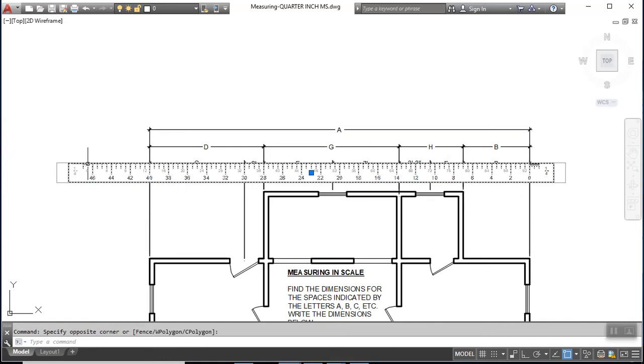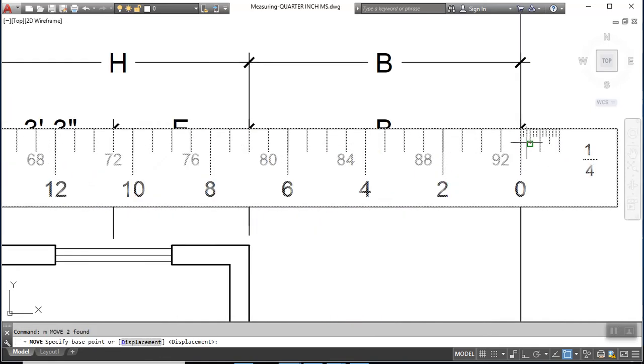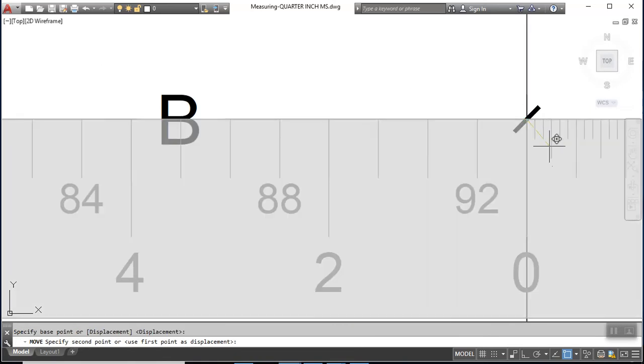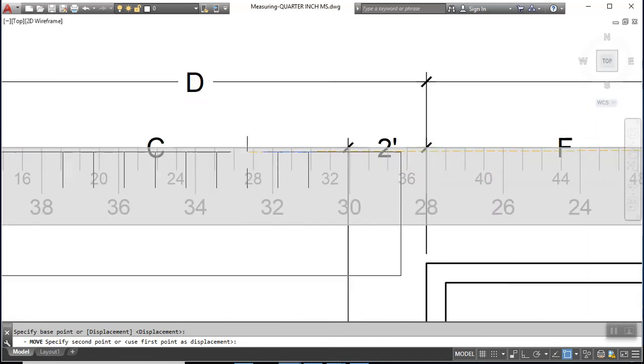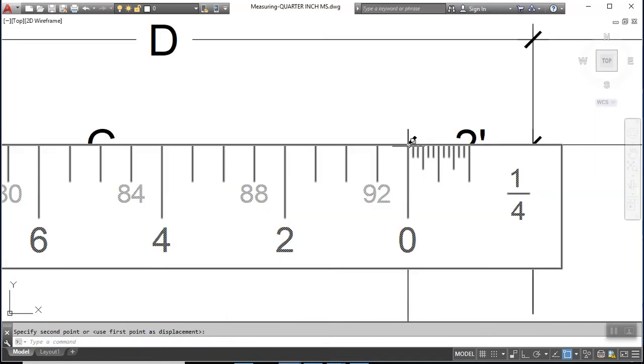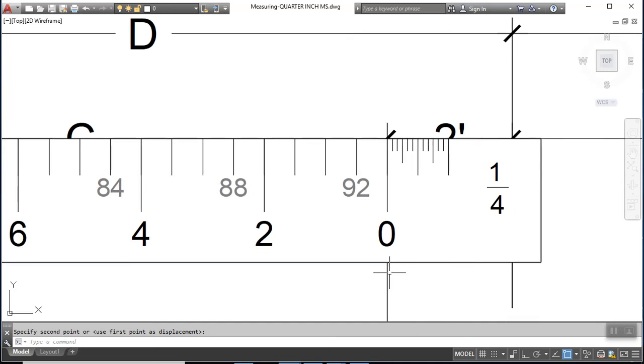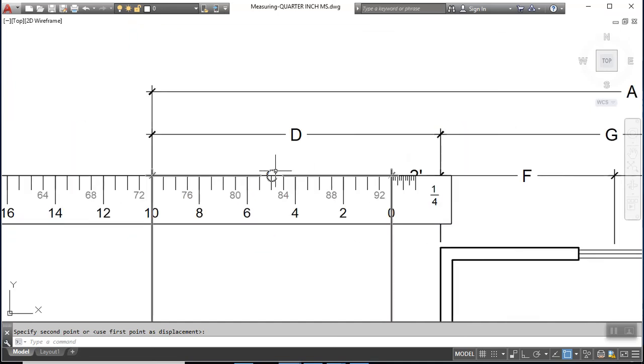How about C? Again, we'll pick up the scale, we'll move it across, and we're going to start at the line work that C is taken from. And we see C goes from 0 out to 10 feet.